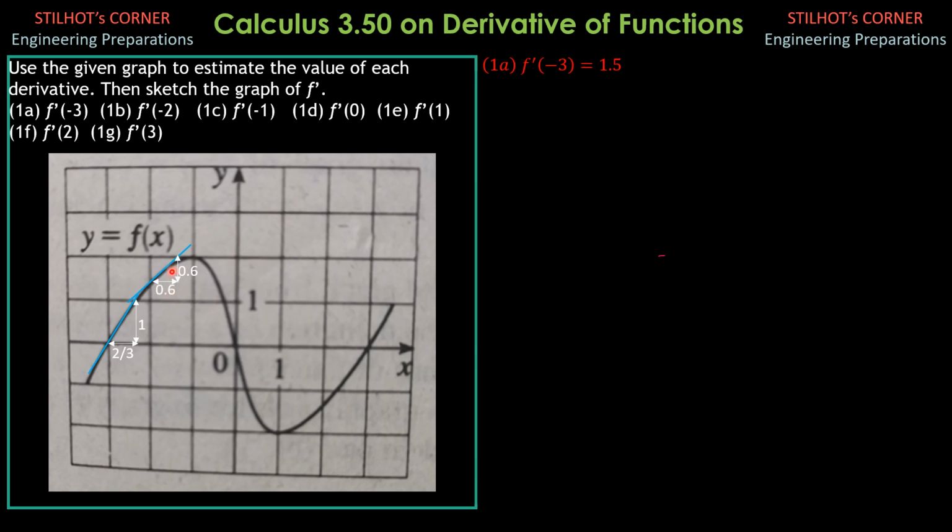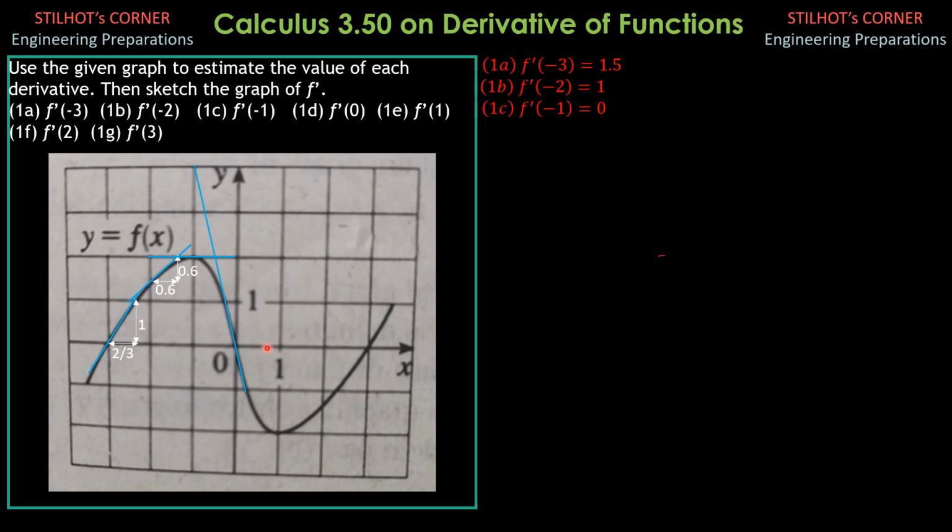So 0.6 over 0.6, the slope for f prime at -2 is 1. Then next is f prime at -1. This is the highest point, and I think you will agree that the tangent is horizontal. Therefore, f prime at -1 is 0. Horizontal tangent is 0. The slope is 0.